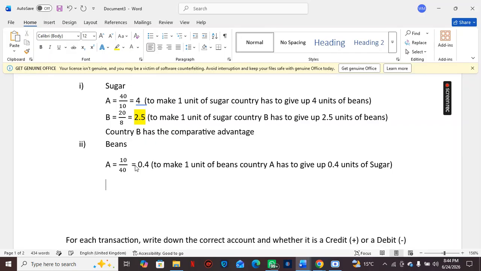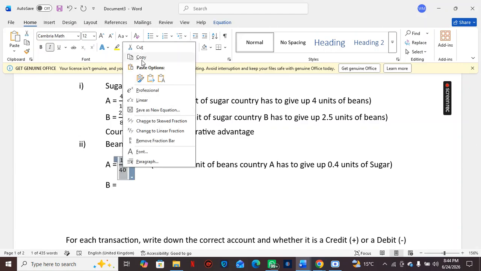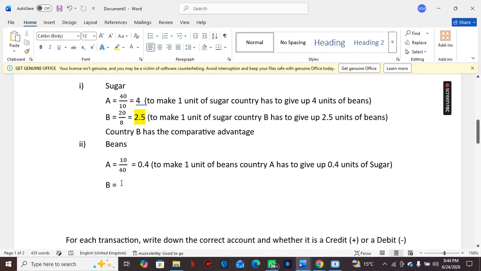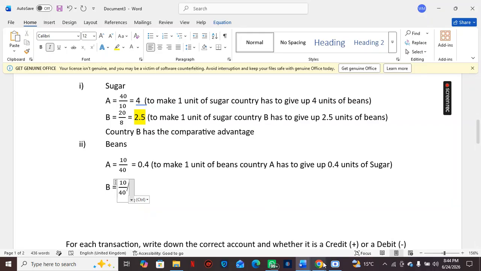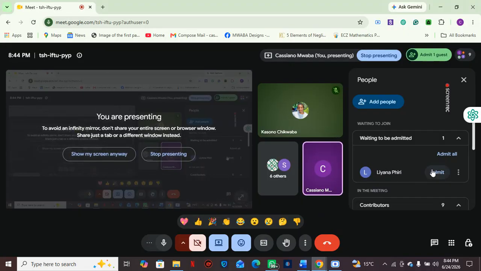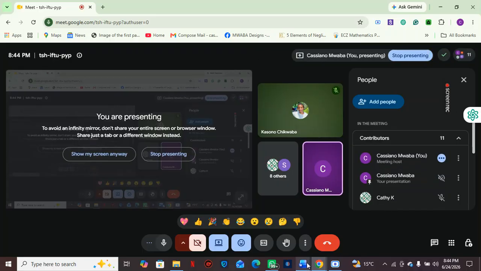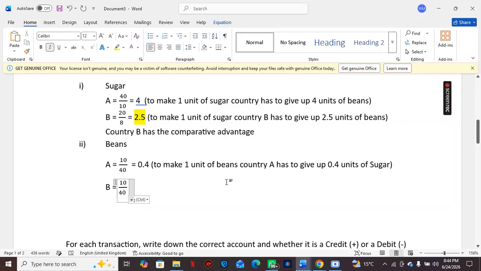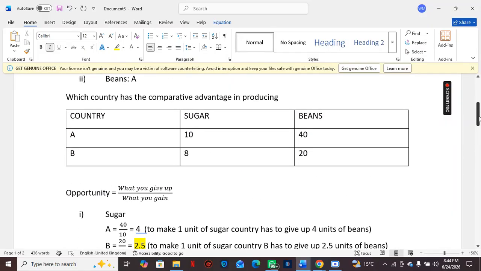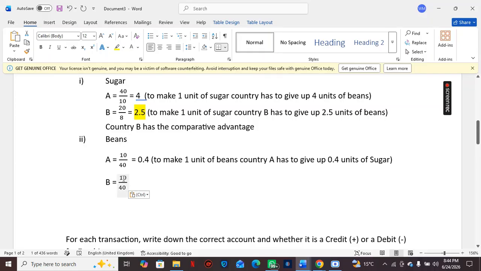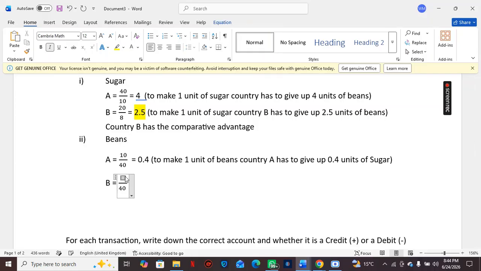Right. Then for country B, to make 20 units of beans, they have to give up 8 units of sugar. So we're going to say 8 over 20.